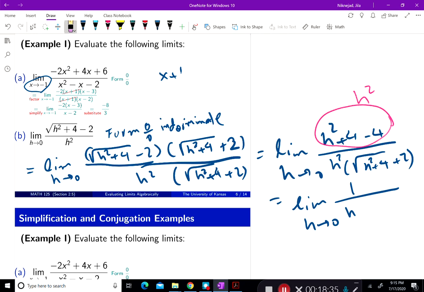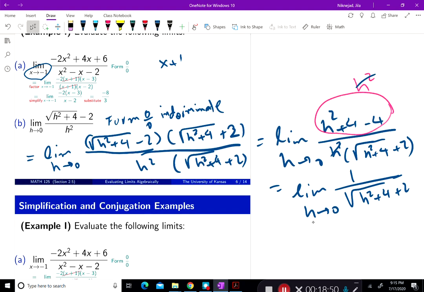Oh, sorry, h squared got simplified, see here and here. Square root of h squared plus 4 plus 2. Now, if I plug in 0, if I do direct substitute, it does not end up with an indeterminate form. So I do that, and the value that we get is 1 over 4, and that's the limit.